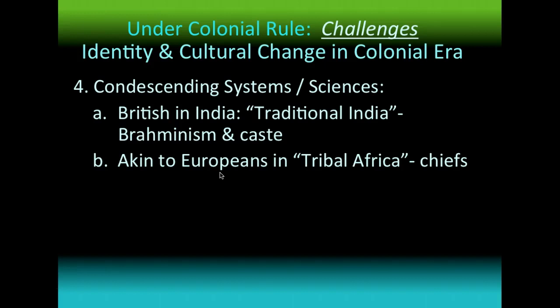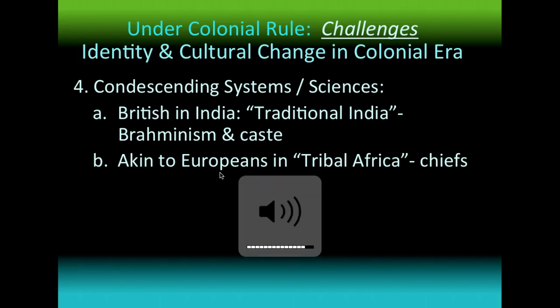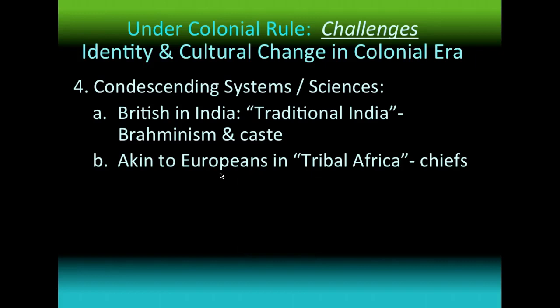These condescending systems, for example, with the British in India, they focused on keeping Indians in a traditional type of culture, based on Brahmanism, which is a big part of the Hindu culture. Brahmins are religious leaders, and they are the rulers in a lot of ways as far as how the world works. And based on the caste system, which we've already talked about, it's a social, political, and economic split between the people.